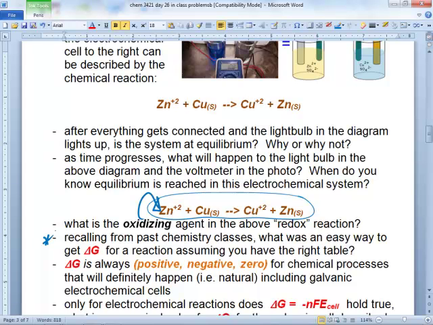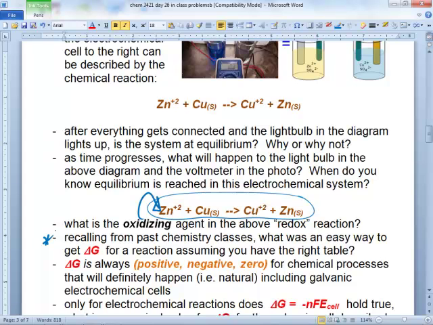You found a delta G first for every single compound in the reaction. Then you added up all the delta G's for the products, and then subtracted out the delta G's added up for all the reactants. That's kind of like final minus initial. So that's how we did it a long time ago.